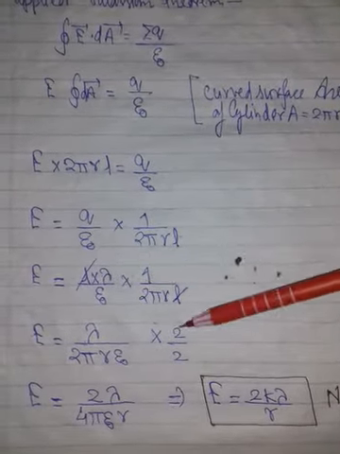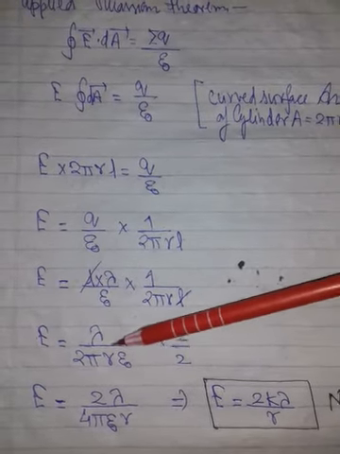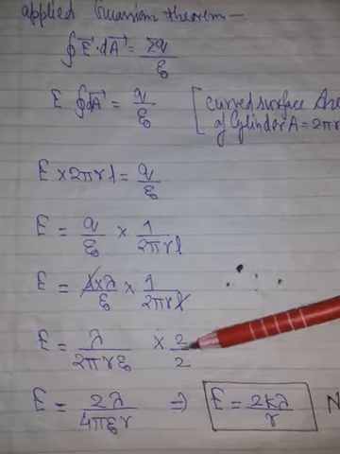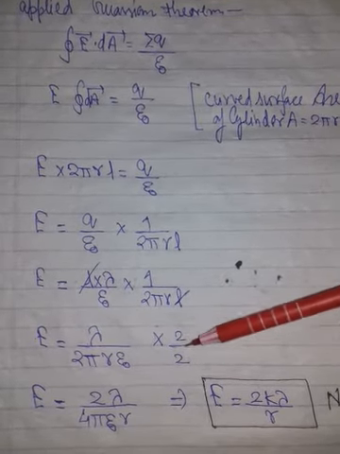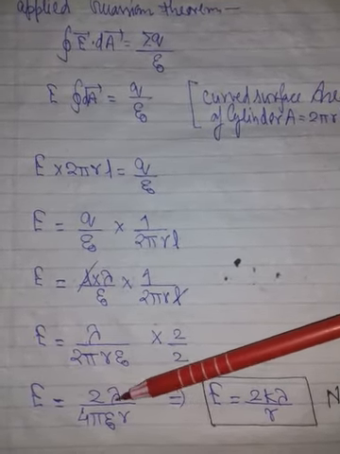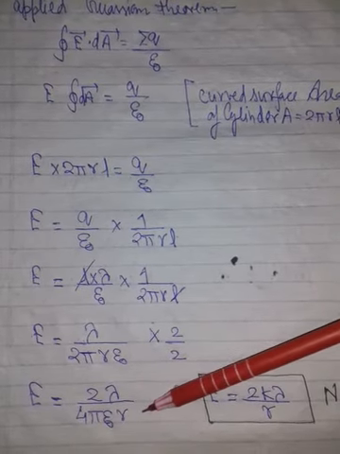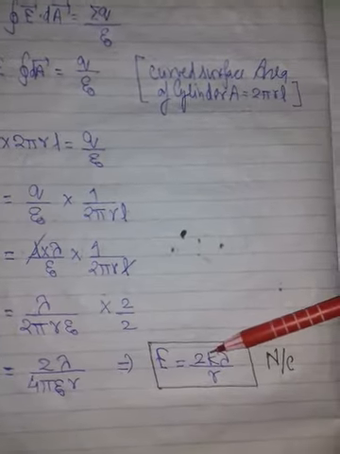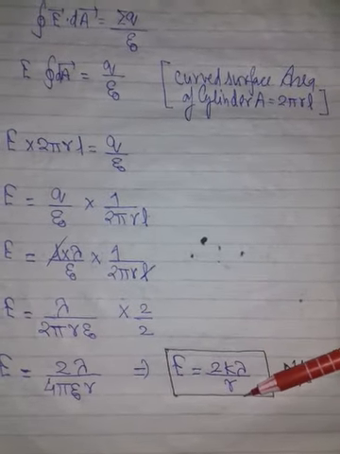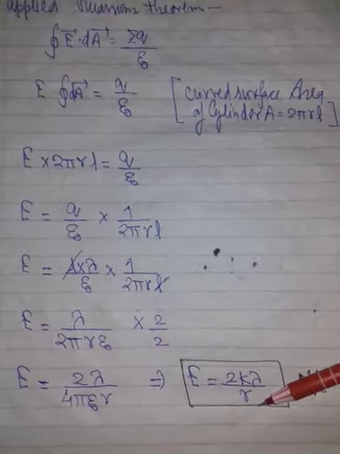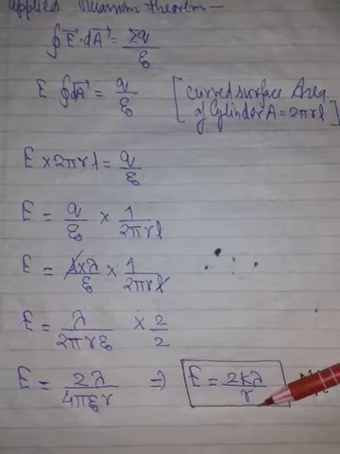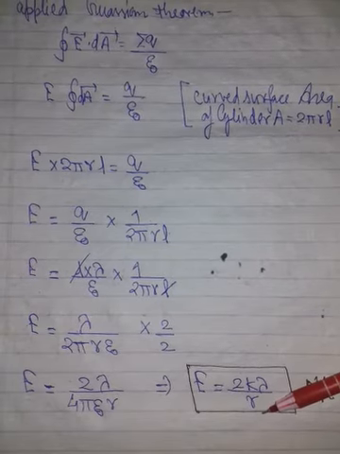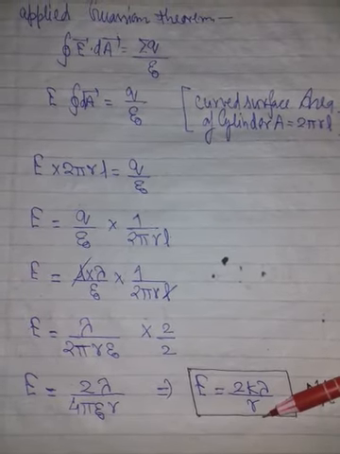Cancelling the length, we get lambda upon 2 pi r epsilon naught. By multiplying both numerator and denominator by 2, we get 2 lambda upon 4 pi epsilon naught r, and we know that 1 upon 4 pi epsilon naught is the constant k, so the equation is 2 k lambda by r. In the next section of the video we will also talk about different geometrical bodies and the electric field from them.